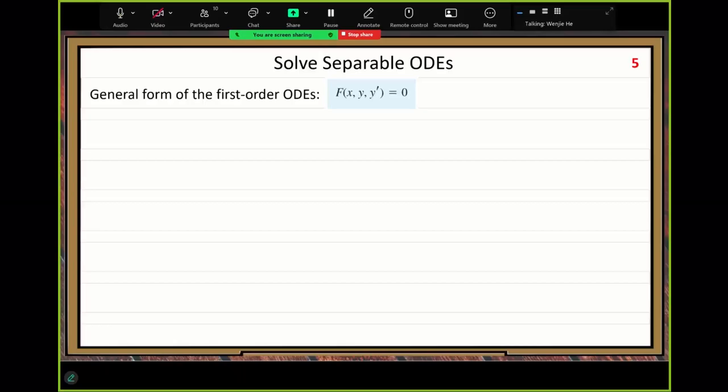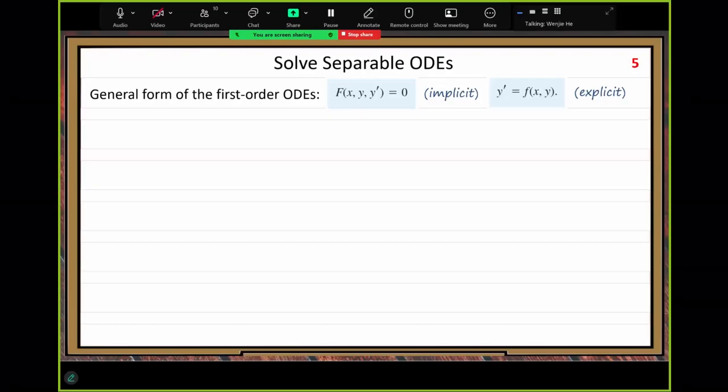Usually it's hard to solve a first order ODE directly from the implicit form, very hard. So we like to work on the explicit form, the second one, y prime equals an explicit form.